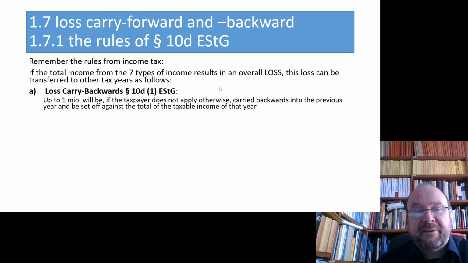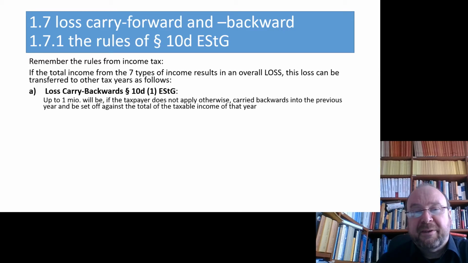That is the thing which makes such a loss carry backwards attractive, because it easily and quickly gives you new liquidity, a refund from the fiscal office. Such a loss carry backwards can naturally only be done in a limited way, because naturally when the state gets money, the state tends to spend it.